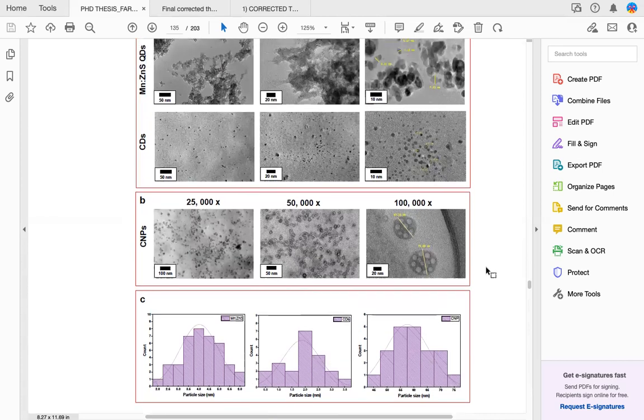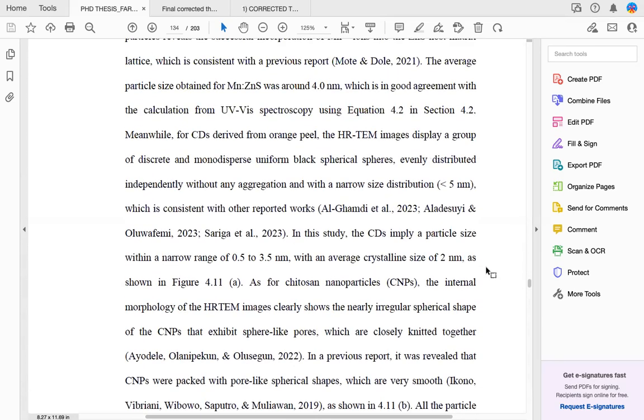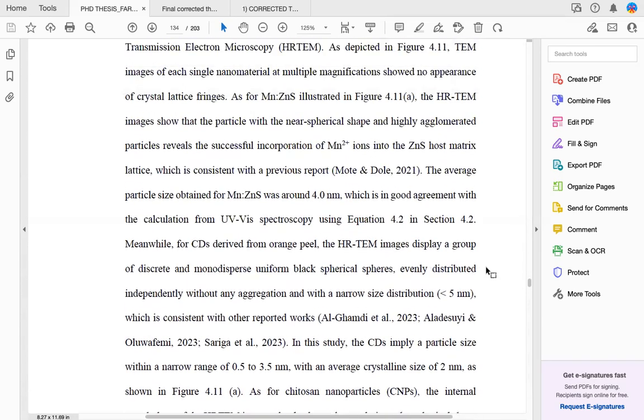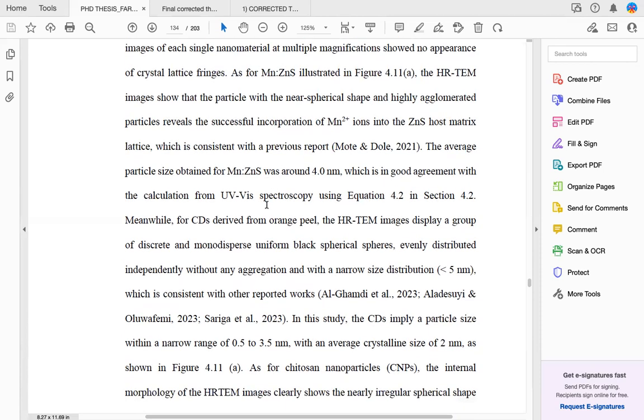Clearly, the discussion here is about the size. The average obtained is 4 nanometer. Luckily, it is in good agreement with the UV result discussed earlier in the thesis.